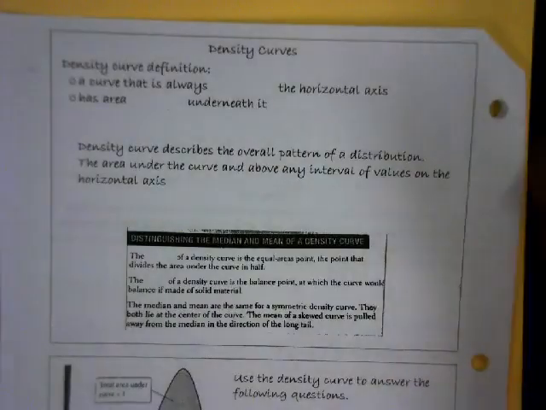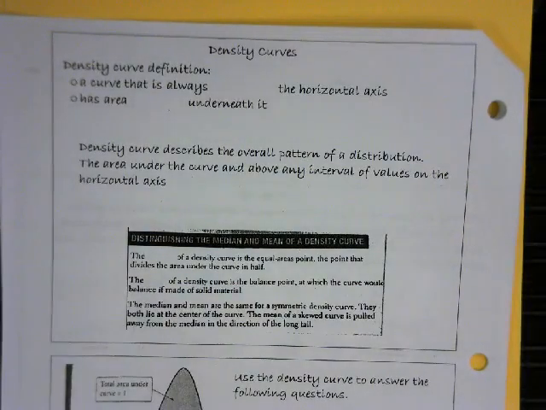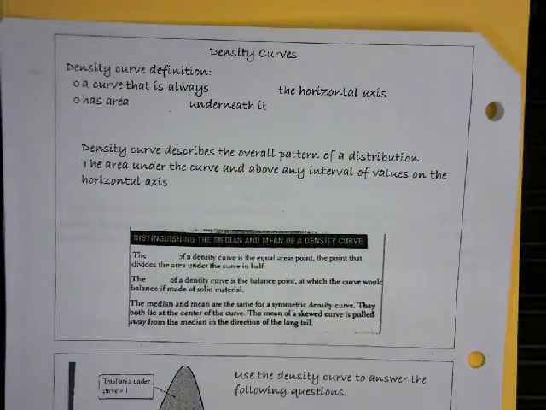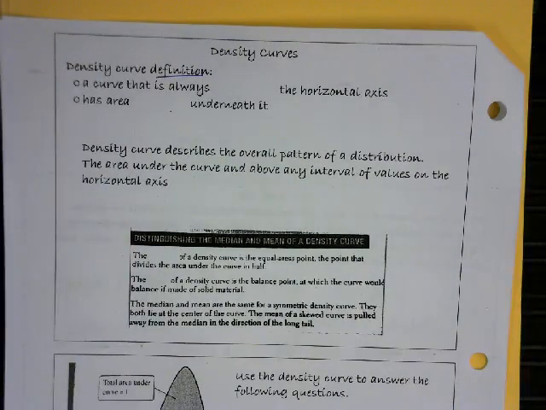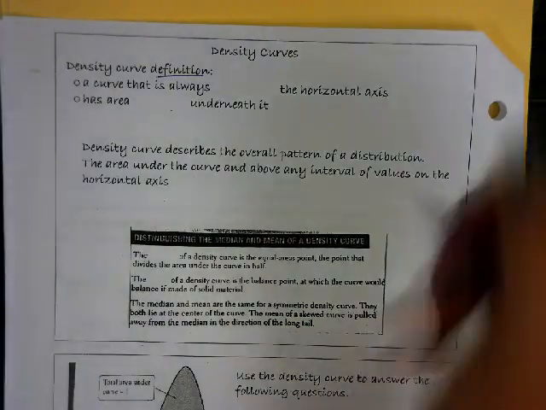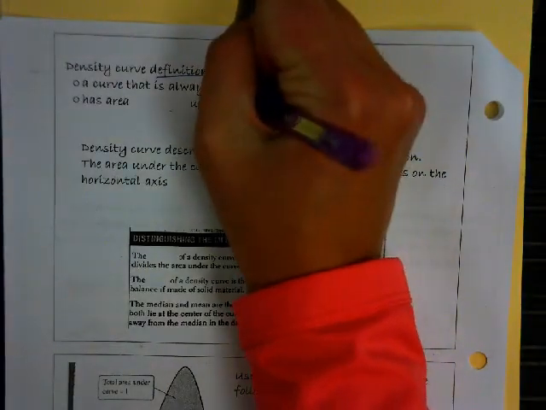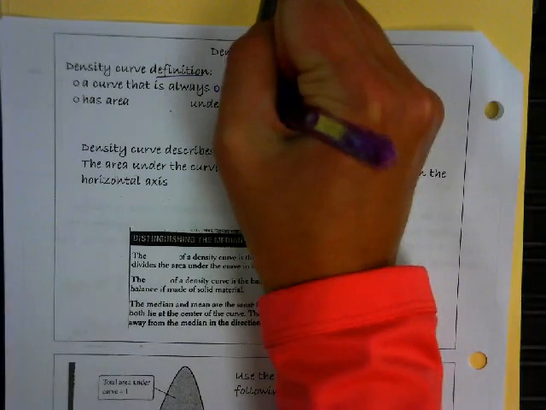All right, so we need to define density curves. So this is the definition. A density curve is a curve that is always on or above the horizontal axis.